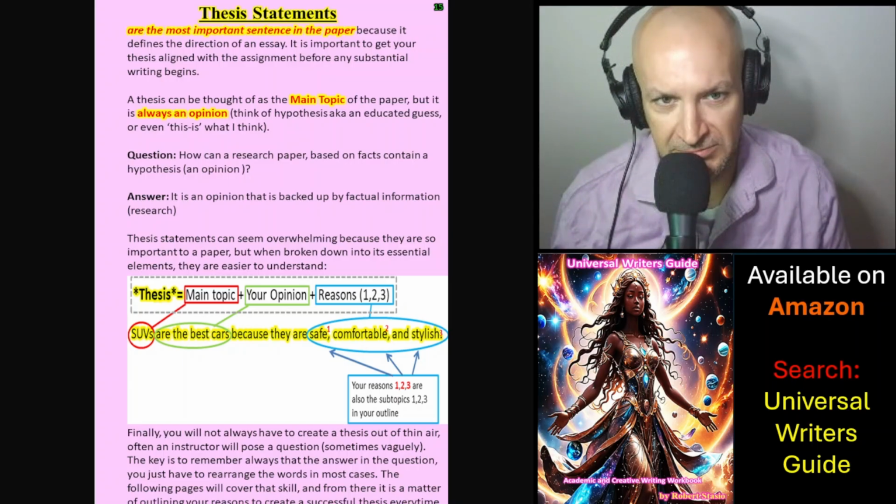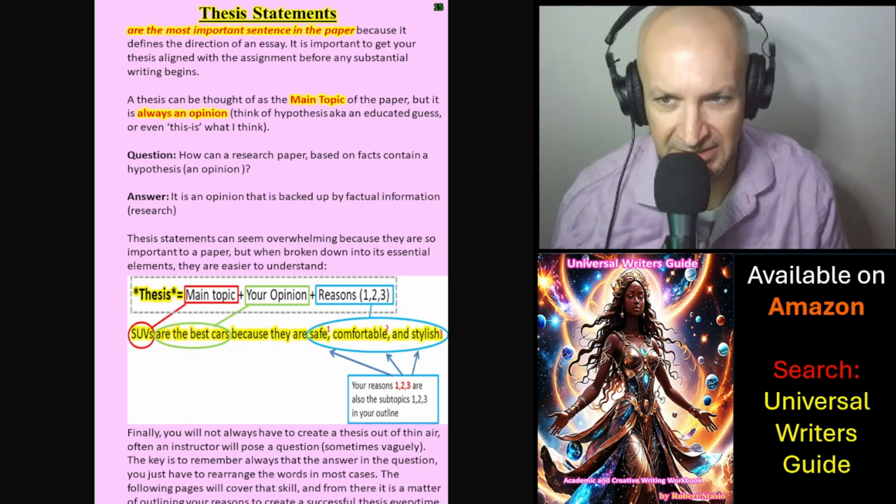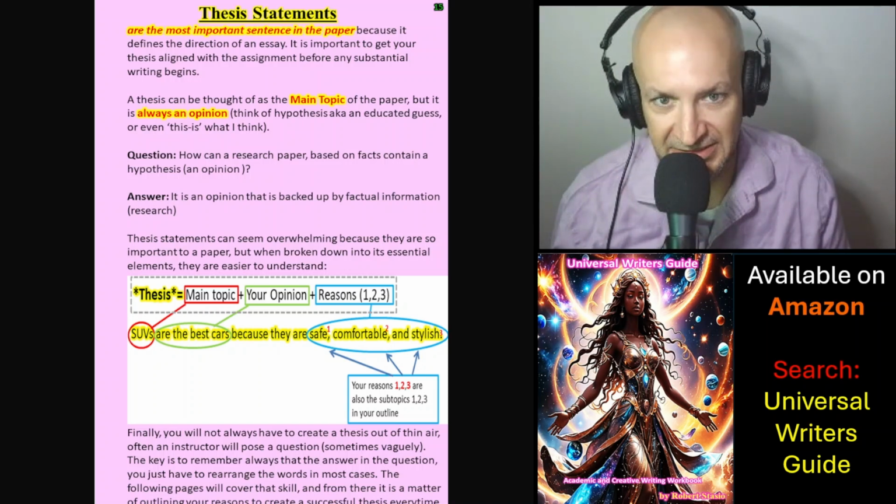So even in a research paper, right, it's based on facts. So how can it have an opinion in a research paper? Well, the answer is that it's an opinion backed up by factual information, right?